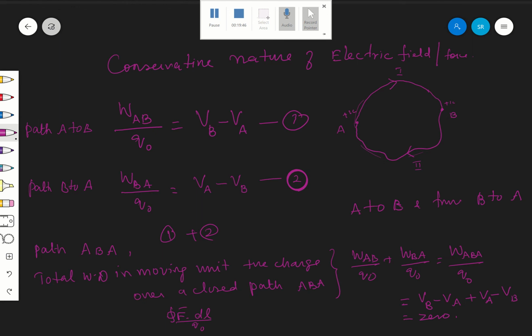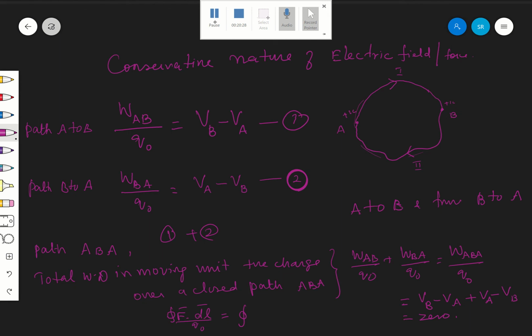This is the work done per unit charge, and it will be the work done by the external force, or by the electric field, the electrostatic force, whatever is the case. If it is by the external force, it is F external dot dl, and if it is by the electrostatic force, then it is negative.